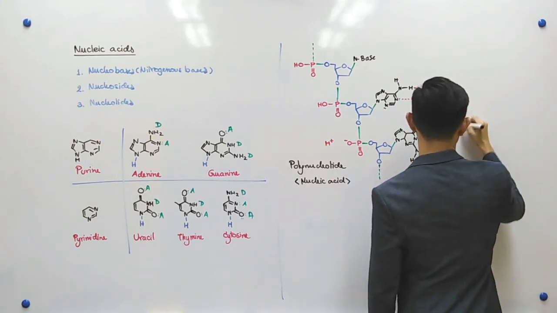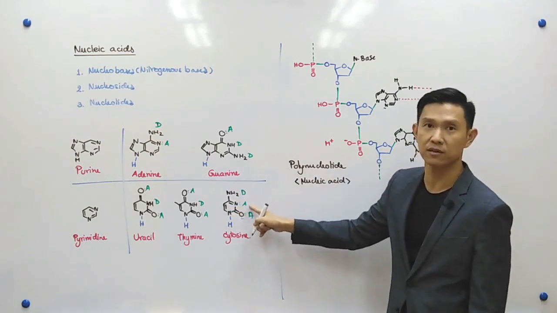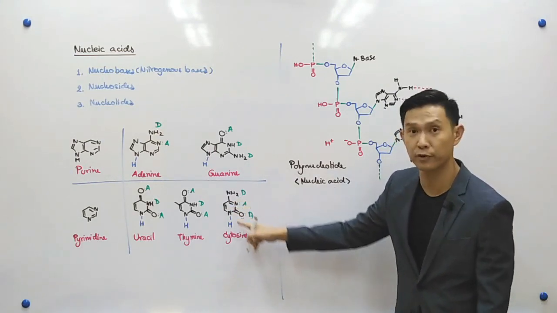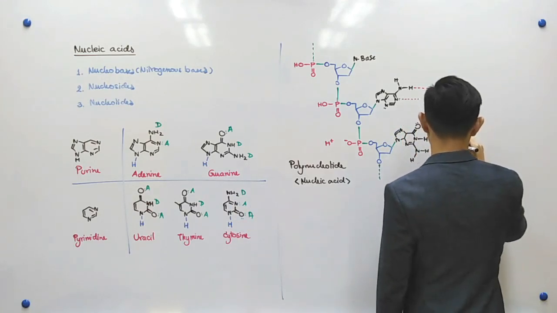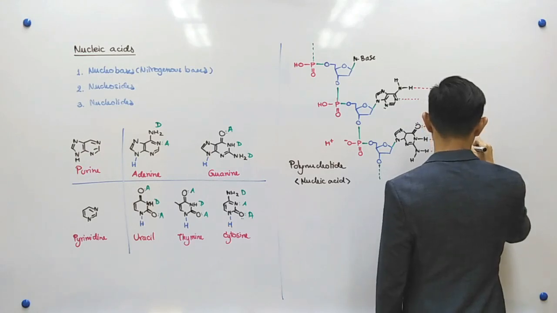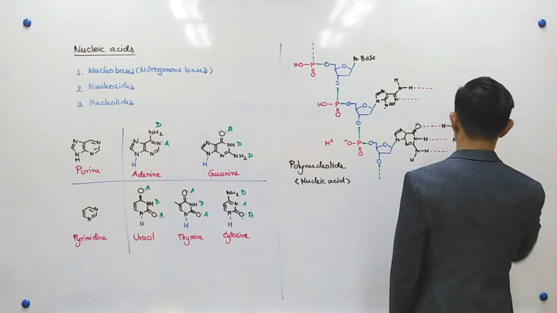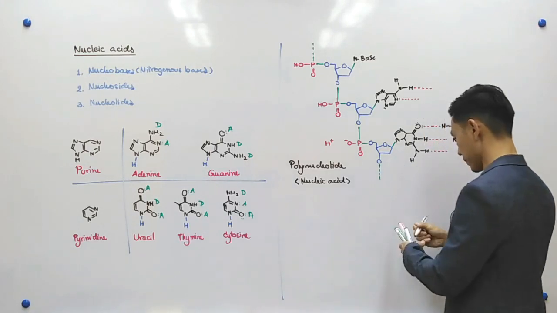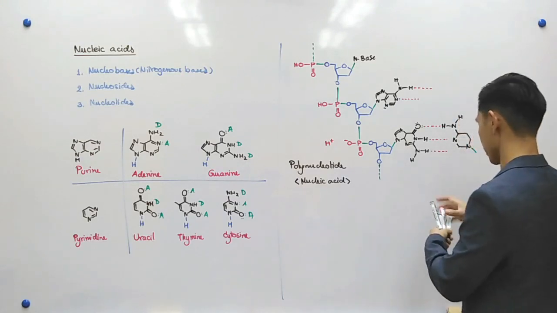So H is over here, and then down here to the ring. And then you have the cyclic ring, the pyrimidine ring down here. So the pyrimidine ring is like this, okay?